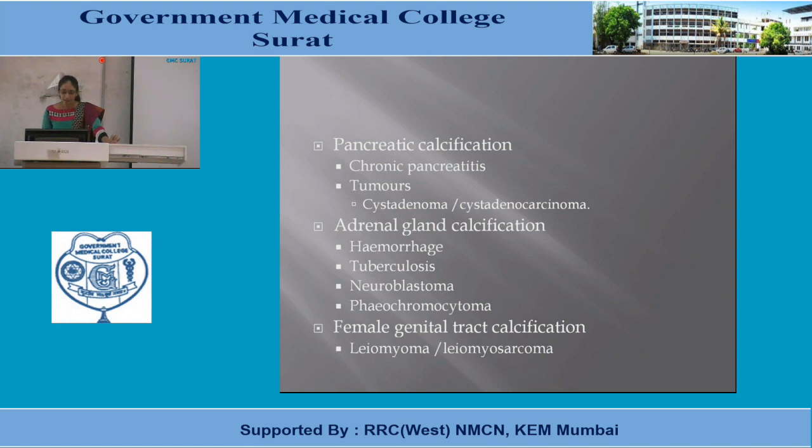In adrenal gland calcification, causes are hemorrhage, tuberculosis, neuroblastoma, which mostly presents in the pediatric age group, and pheochromocytoma. Other is female genital tract calcification, in case of leiomyoma, that is fibroid uterus, or leiomyosarcoma.